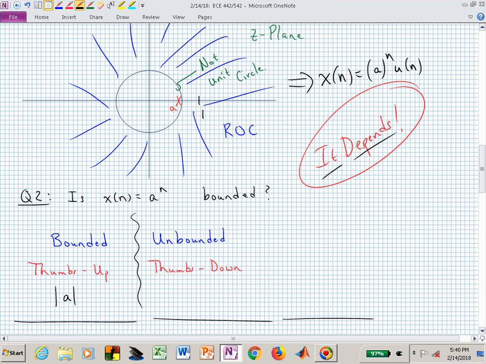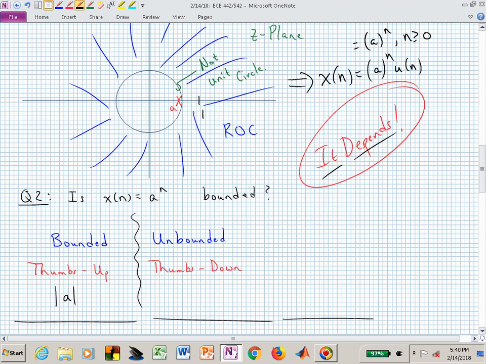When n hits 0, that unit step turns on. If n was negative, x of n would be 0. Does everybody see that? The unit step is being used as a switch. Or you could say that this is a to the n for n greater than or equal to 0. That greater than or equal to 0, or that unit step, is what we learned from that region of convergence.